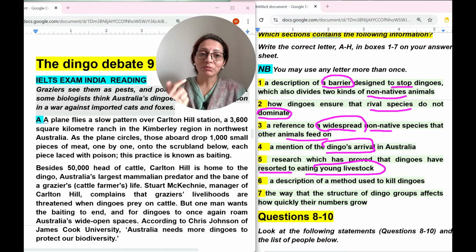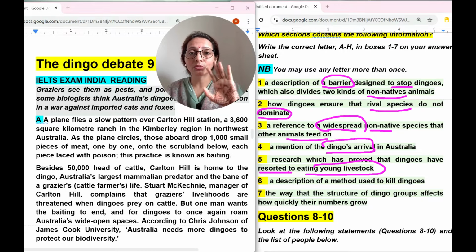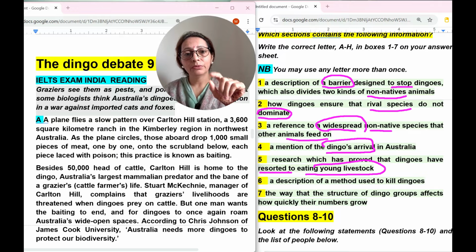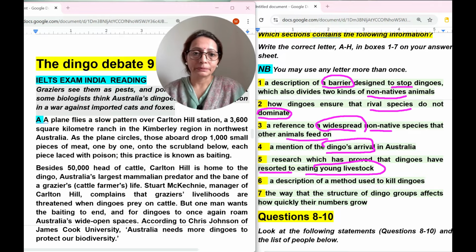So I'm telling you, make it a habit: don't Google it while you are practicing reading. You can read the sentence 2 3 times, and 40 50% you will get the meaning of this word. Next: a description of a method used to kill dingoes. Okay, killing dingoes here, dingoes' arrival here.